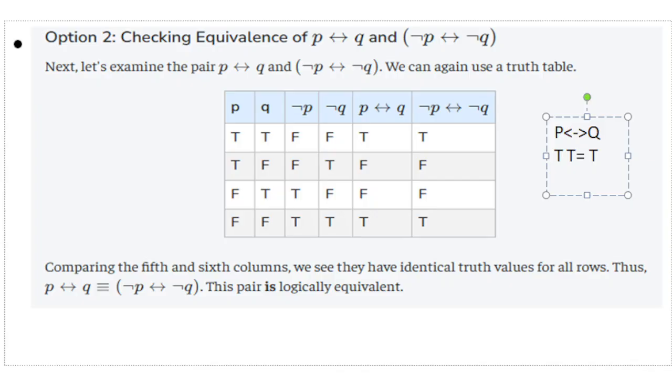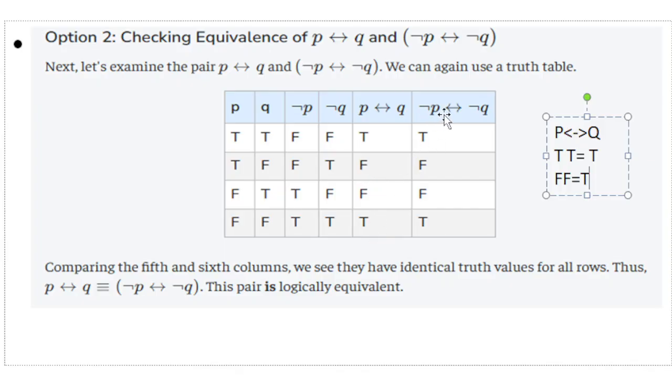And wherever both the values are the same, P value false and Q value false, then we will also get the result true. You should remember these two statements. Wherever the truth values of P and Q are the same, we will get true. Others are false. This is similar to the XNOR gate in digital electronics. If you remember the XNOR gate, you can easily find the truth values of P biconditional Q. We will get true, false, false, true.